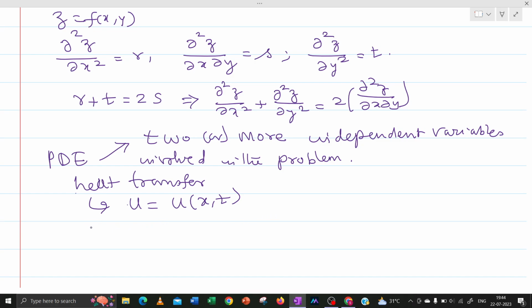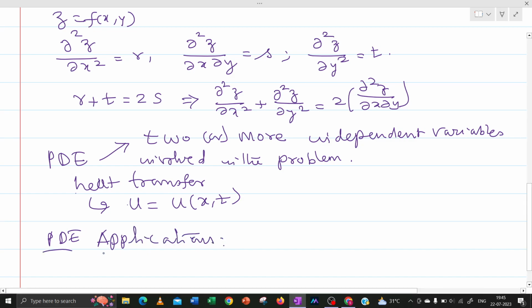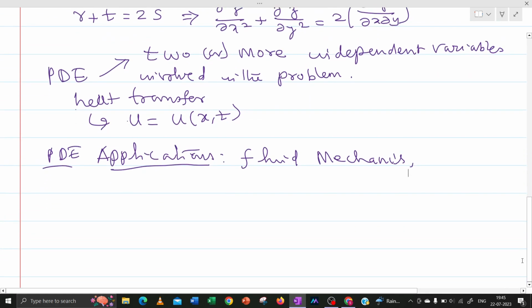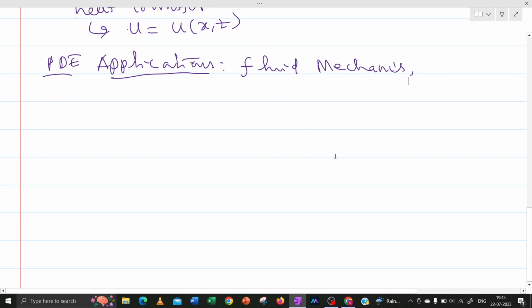Most of the problems in fluid dynamics are PDE applications. What are some specific topics for the fluid? A PDE application is fluid mechanics. In fluid mechanics, you can see the heat transfer problem, momentum transfer, and mass transfer problem.